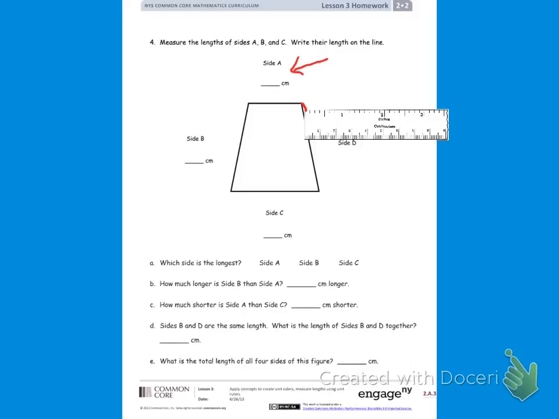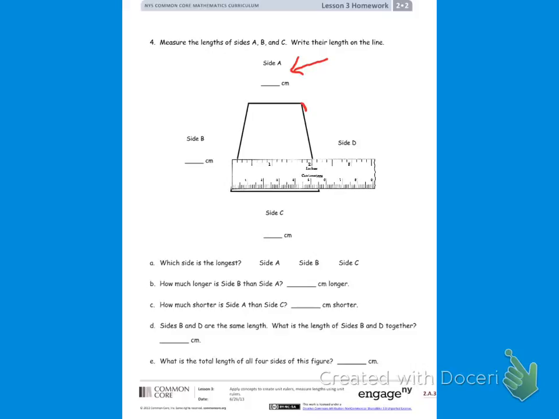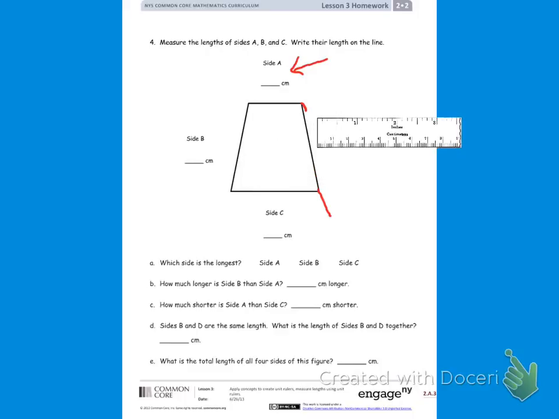Now I'll move the ruler to side C. I'll line up the edges again, just as I did a moment ago. I will notice where it ends on my ruler here, and then I will record my answer right here.